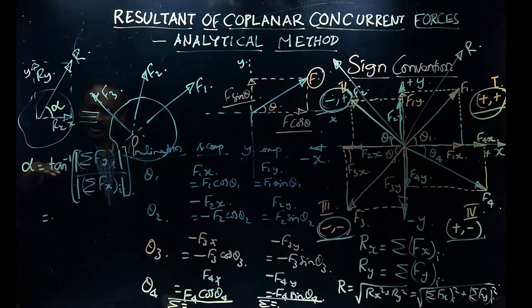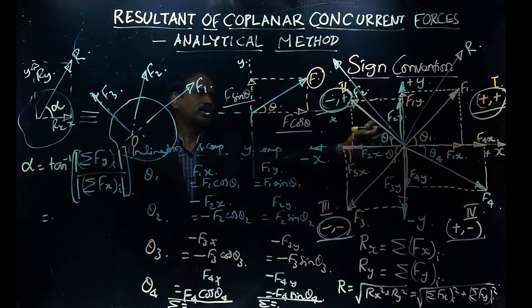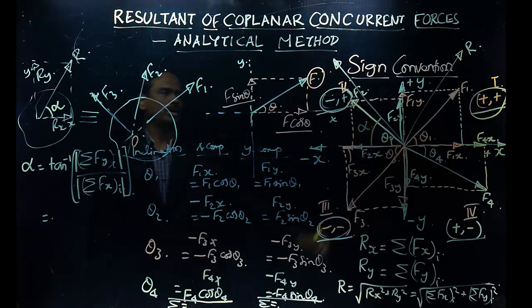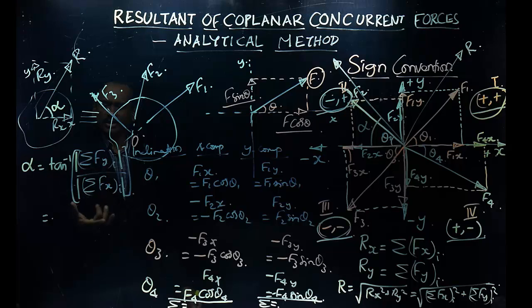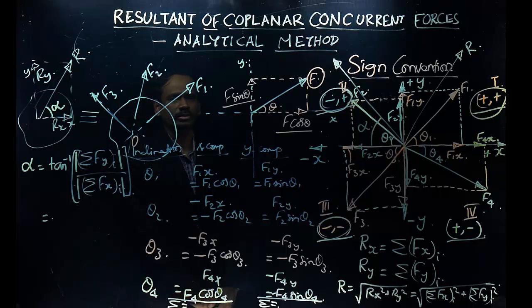Whereas while taking the angle alpha, we always take the absolute value, and once you get the angle alpha, which will always be the inclination of the resultant with respect to x-axis, depending upon these signs, you can locate in which quadrant the resultant is going to lie.